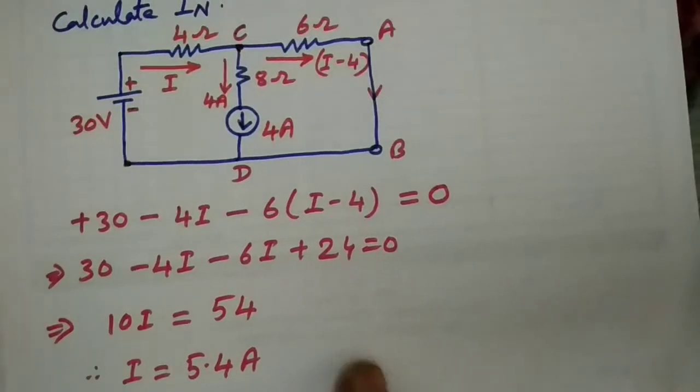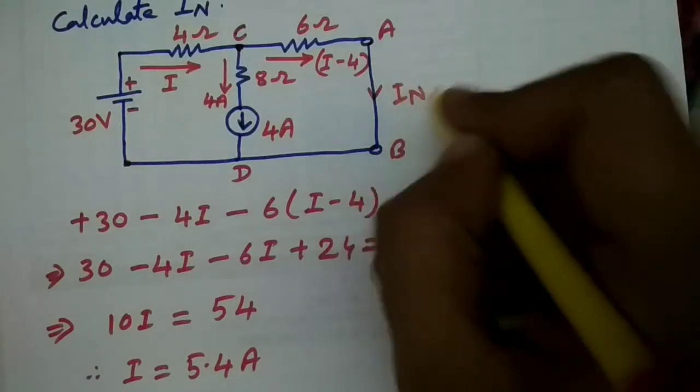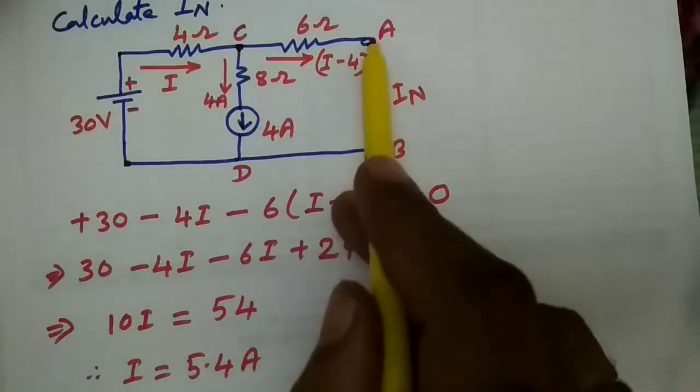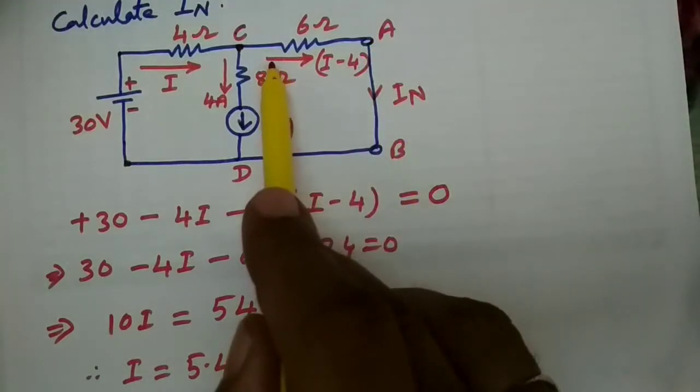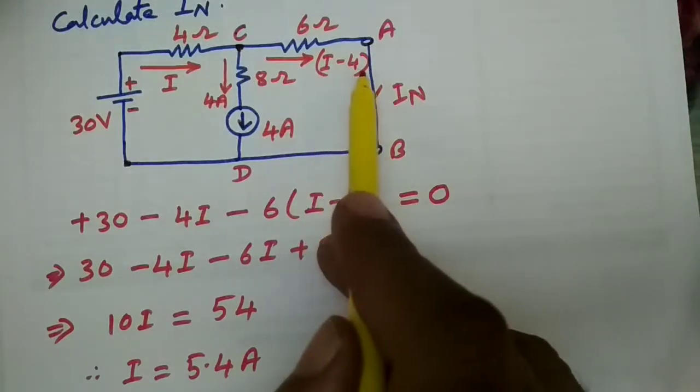Here we have to find the current through AB branch. It will be the Norton equivalent current IN. And we can see that the current in AB branch will be same as that of current in 6 ohm resistance, that is I minus 4.